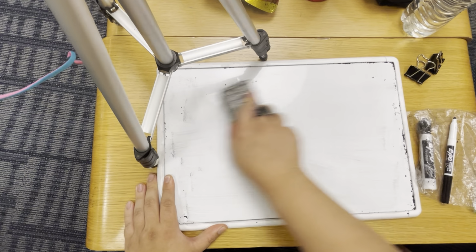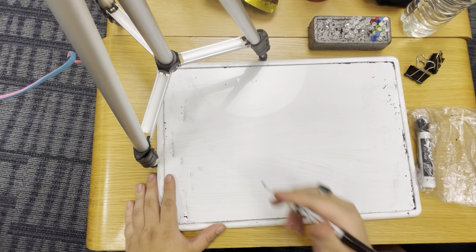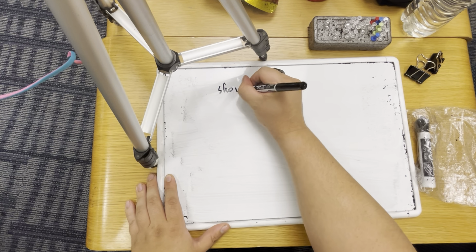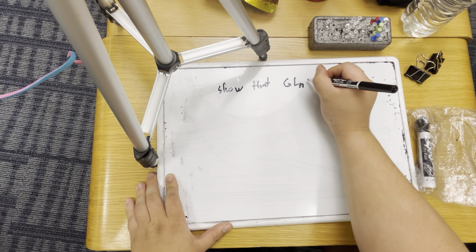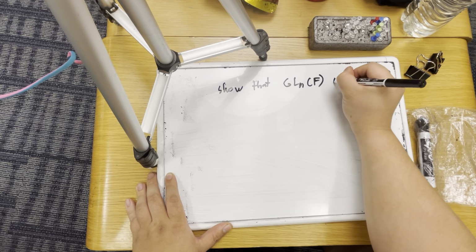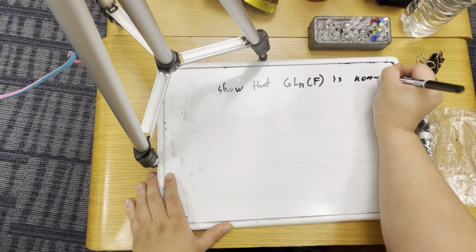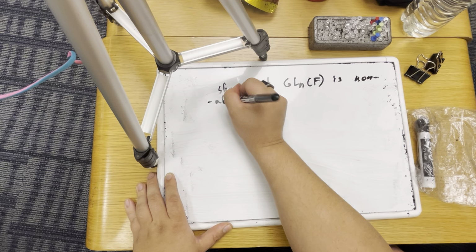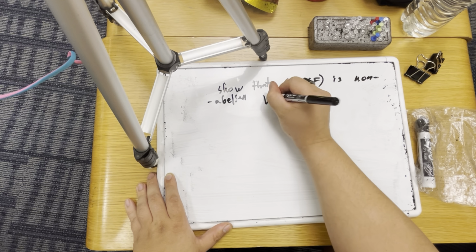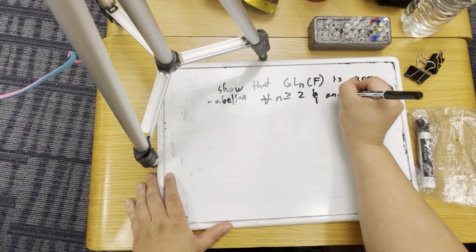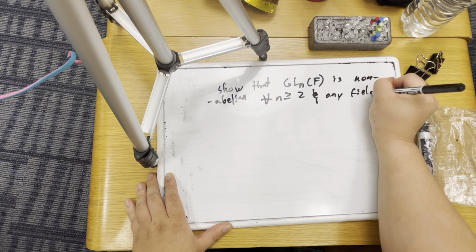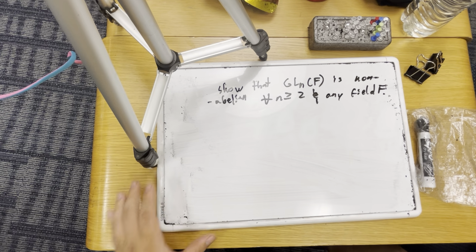Right. So for problem 8, we are asked to show that the general linear group with degree n over F is non-abelian for any n greater than or equal to 2 and any field F. So what we have to do here is exhibit one pair of invertible matrices that fail to commute, a counterexample.